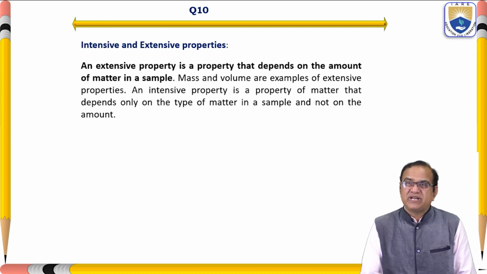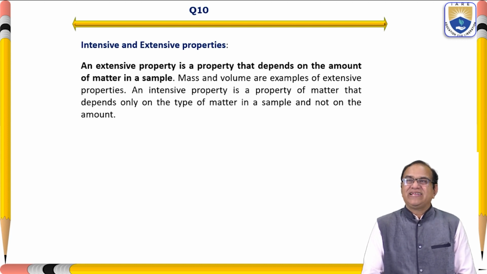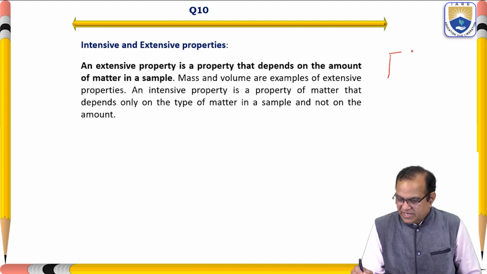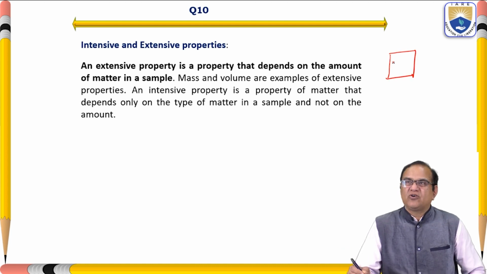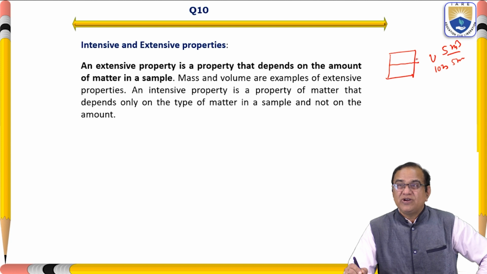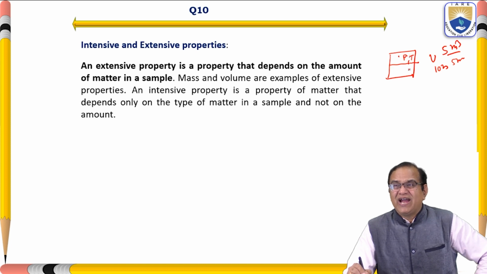And an intensive property is a property of matter that depends only on the type of matter in a sample and not on the amount. If you see an extensive property like volume, if here we have 10 meter cube and you divide it, it will become 5 meter cube and 5 meter cube. So it is an extensive property. But if you see pressure and temperature, P and T, and you divide, it will still be P and T. It will not change.